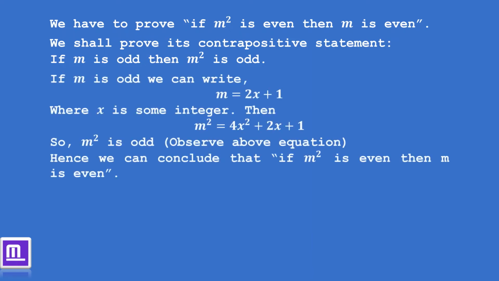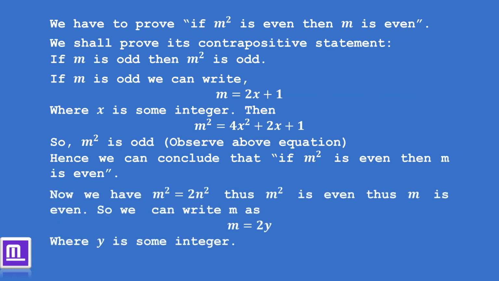If m is odd, we can write m is equal to 2x plus 1, where x is some integer. Then m square is equal to 4x square plus 4x plus 1. Here 4x square is even because multiples of 4 are even, and 4x is even, and even plus even is even, then 4x square plus 4x plus 1, so even plus 1 will give you odd. Hence we can conclude that if m square is even, then m is even.